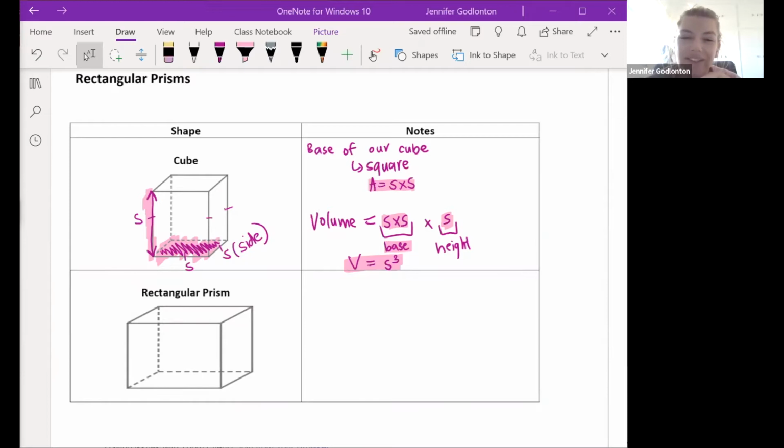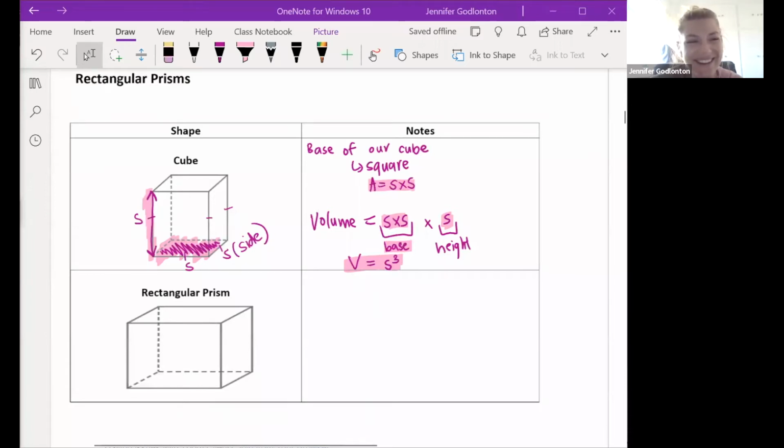If they're giving you something where the sides aren't equal to each other, then they can't call it a cube, because then it's not a cube. So if they're using the word cube, then the sides all have to be the same as each other. Okay, ma'am. Thank you so much.